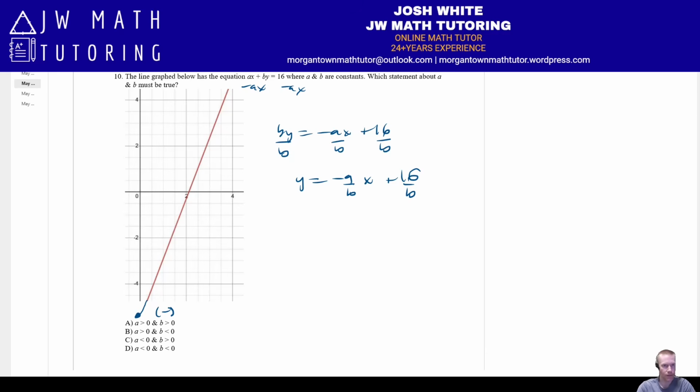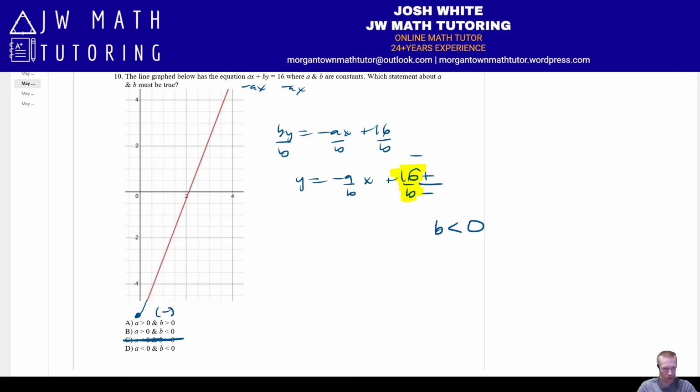That means this whole thing right here will be negative. Well, if the 16 is positive, that means this number has to be negative. This is positive on top, so it has to be negative on bottom in order for the end result of dividing them to be negative. So therefore, right off the bat, b is less than 0.